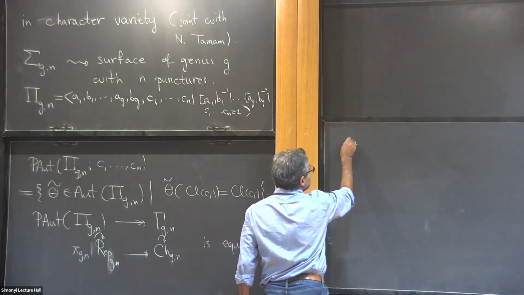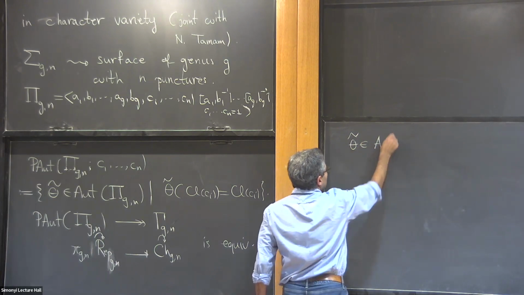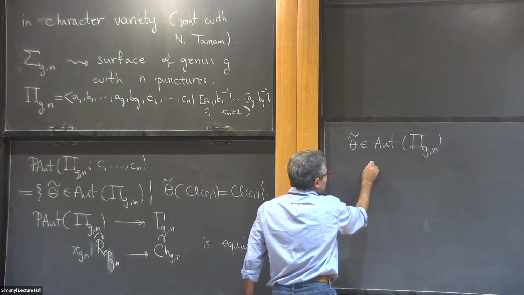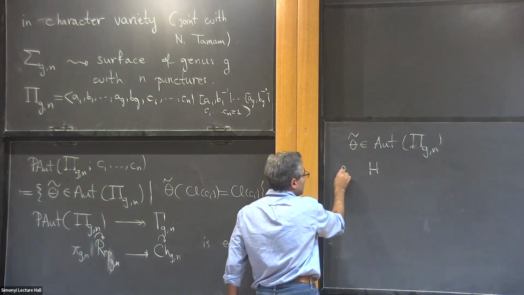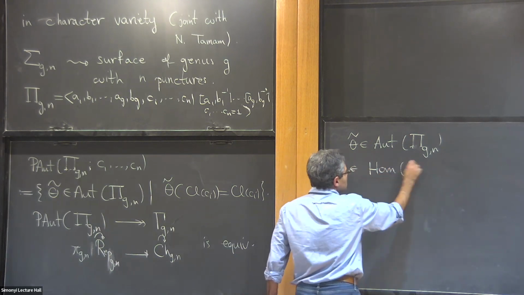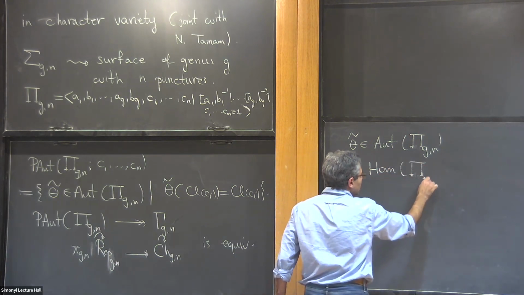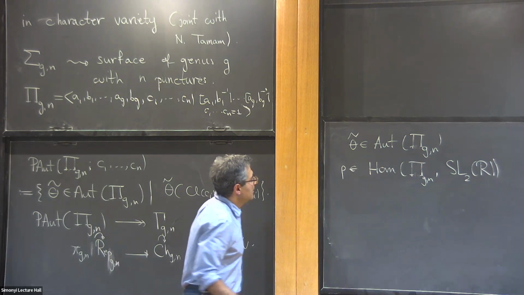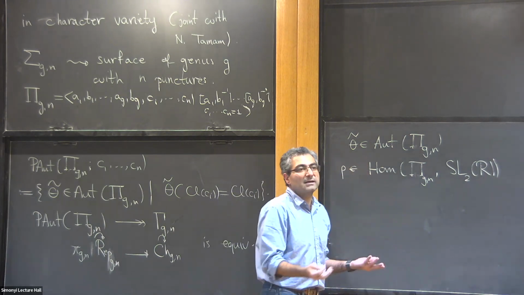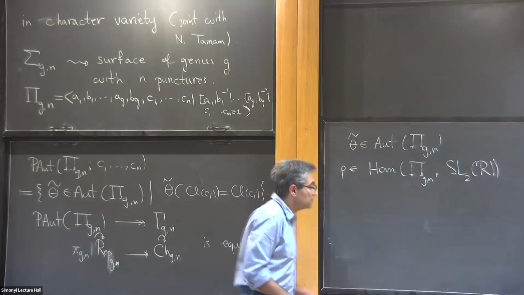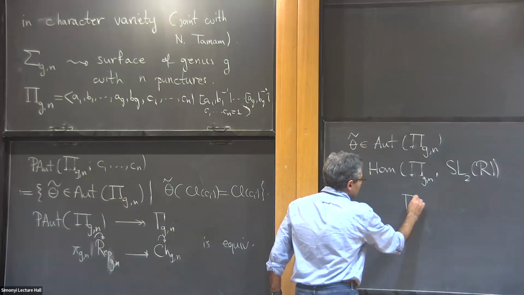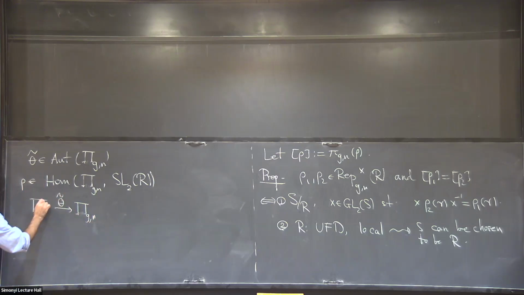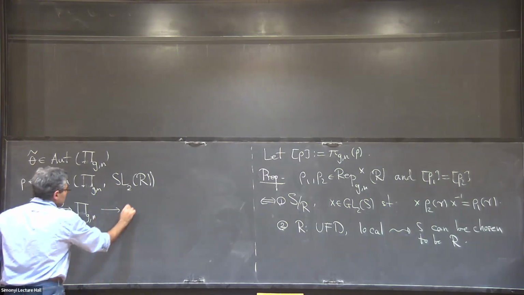If I give you an automorphism theta tilde of the domain, and if I give you a homomorphism from this group, that's why I call it the domain, to any other group, in this case SL2R, then I can precompose it and I get another homomorphism from this domain to SL2R. So then I have this pi G comma n, then theta tilde here, and this goes to SL2R.